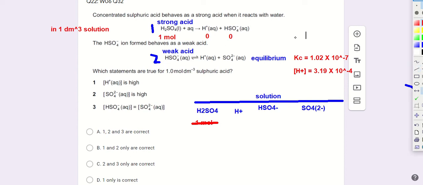Now I have 1 mole of hydrogen ion in the solution, 1 mole of hydrogen sulfate ion in the solution. Okay, so 1 mole, 1 mole. Right, this one no more.